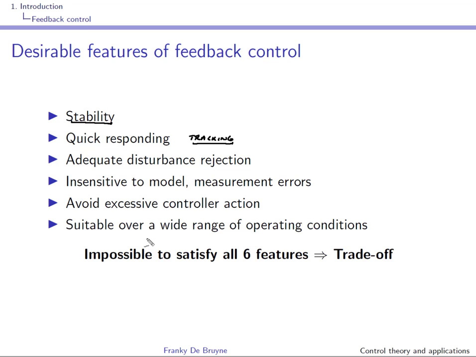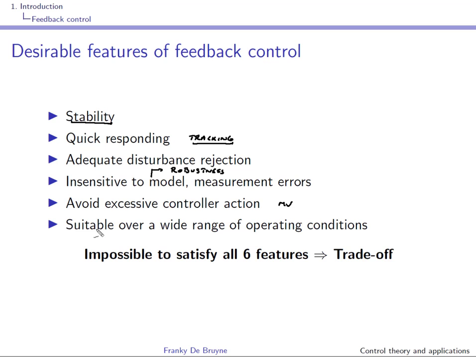You have to be insensitive to model and measurement noise. So this means that if the process, for instance, changes a bit, the process controller should still be able to control the system with adequate performance, and this is sometimes called robustness. It is, of course, important to meet these indices without having an excessive controller action MV.